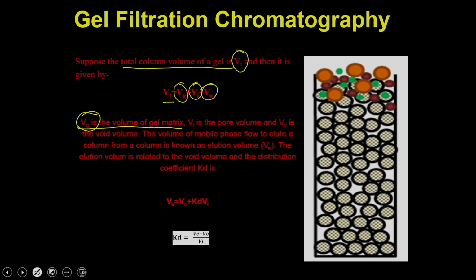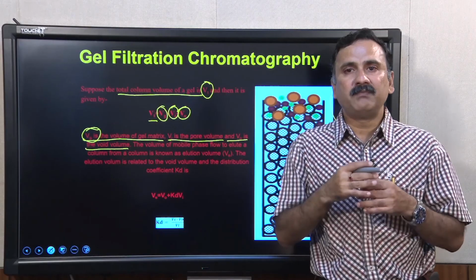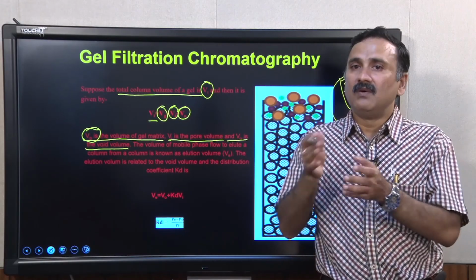Then Vi is the pore volume, which means if you have a bead, you have the pores. So, these are called the Vi, and the volume of the total beads is called the Vg. The Vo is the void volume, which means the portion of the column which is not going to participate in the fractionation.